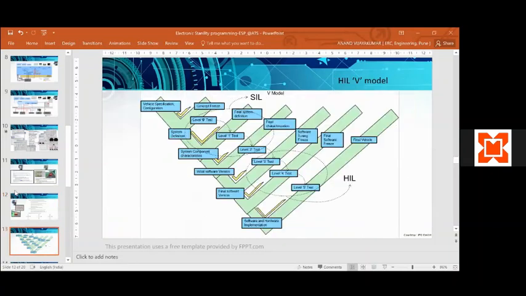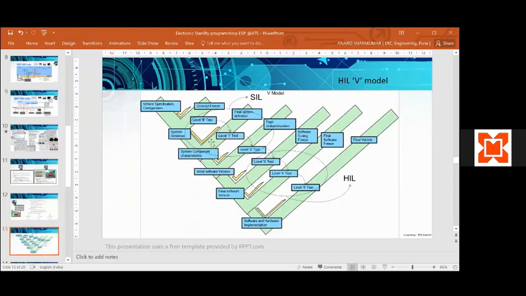Okay, so that's all about the modeling of the vehicle and the environment in a virtual environment for hardware-in-the-loop testing.